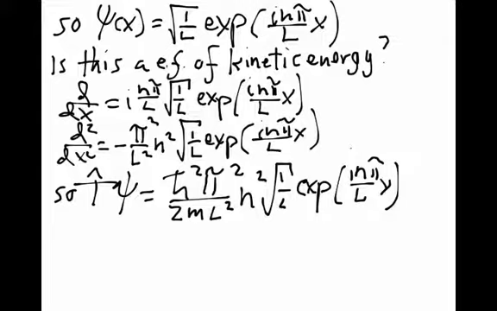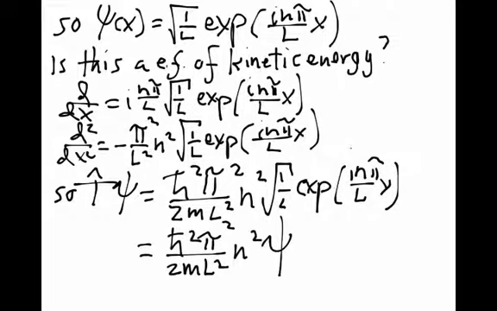So the 1 over 2m came in. There was a minus sign in the T operator, and that canceled out the minus sign in the second derivative, and so that's what we get there. And looky, I've got now square root of 1 over L e to the i n pi over L x. So that's equal to h bar squared pi squared over 2 m L squared times n squared times psi.